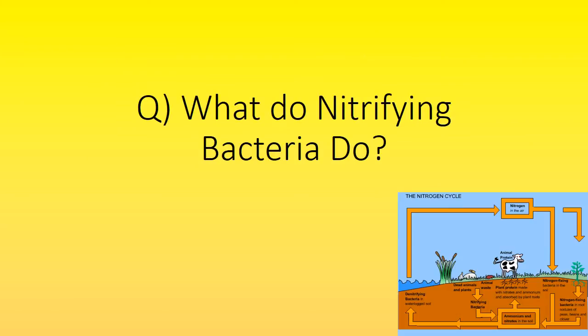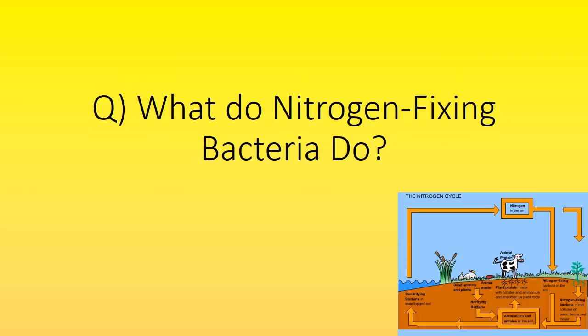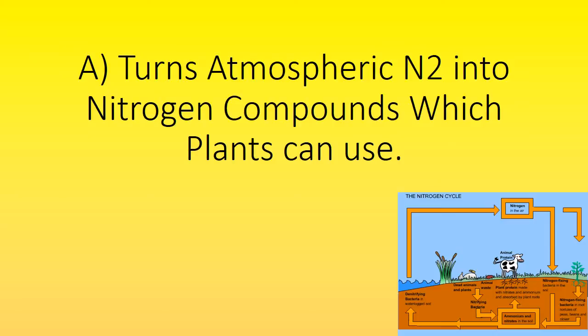What do nitrifying bacteria do? Turns ammonia in decaying matter into nitrates. What do nitrogen fixing bacteria do? Turns atmospheric nitrogen into nitrogen compounds which plants can use.